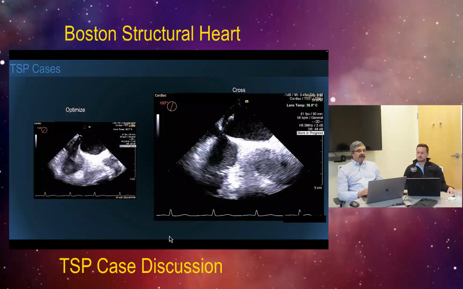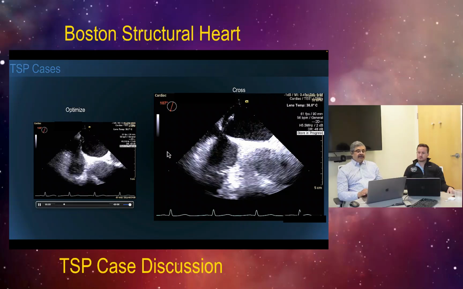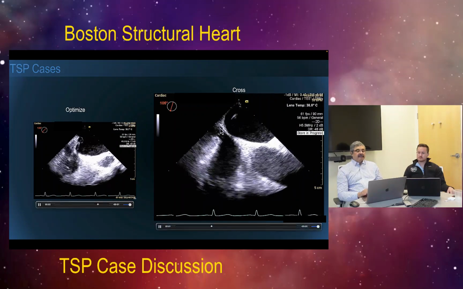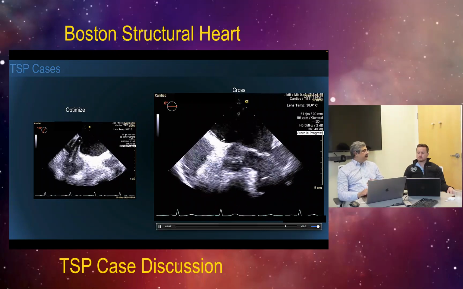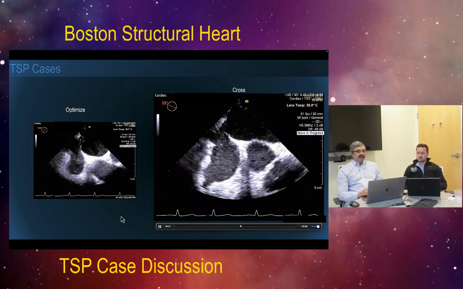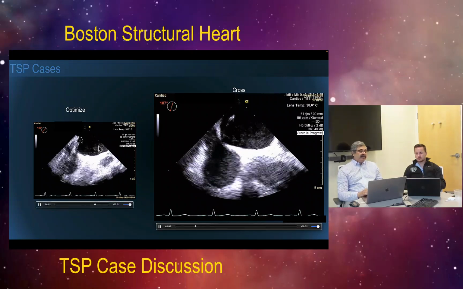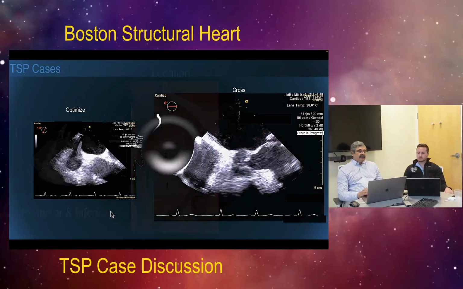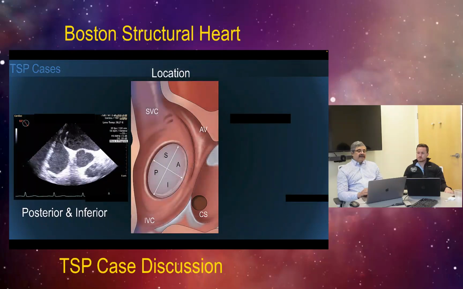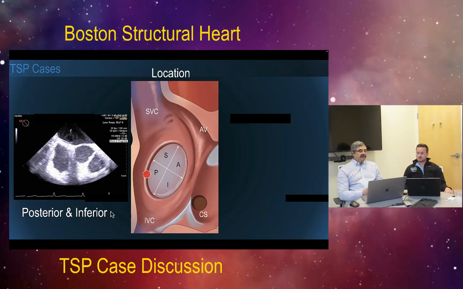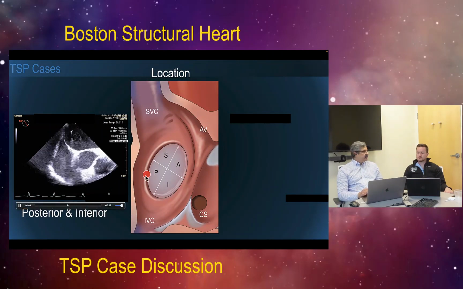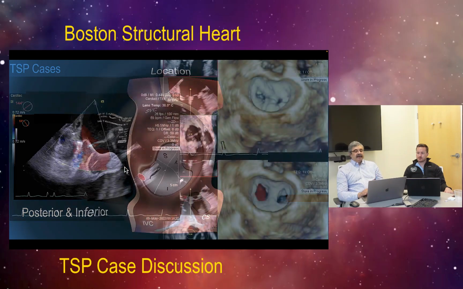Then we moved further posteriorly, and we crossed it pretty significantly posteriorly because we wanted to avoid the patent foramen ovale in this patient. So based on this location, I would suggest that our septal puncture was very posterior and very inferior in this one, somewhere more inferior. So this is how we go over this case.